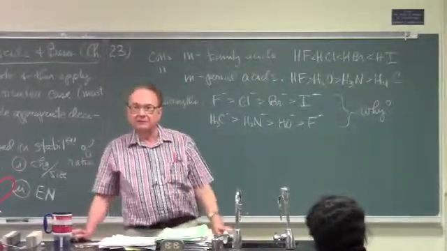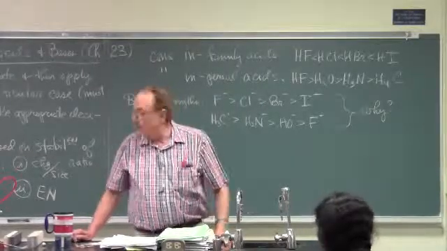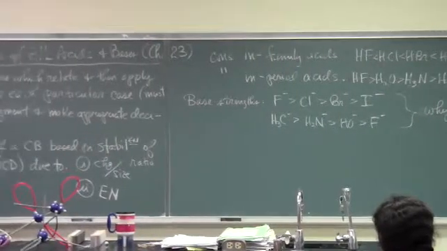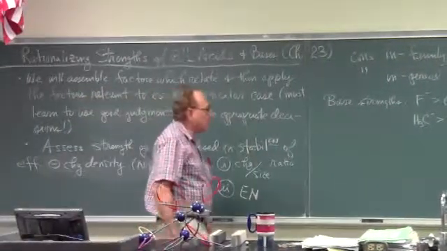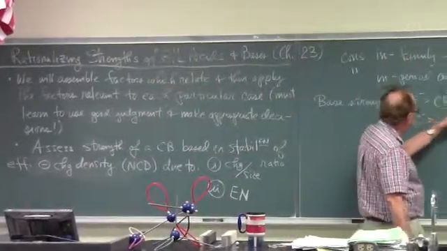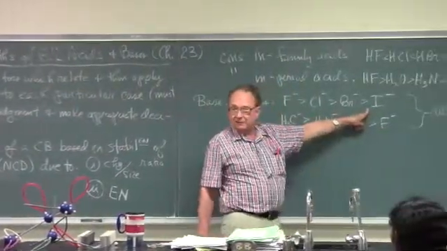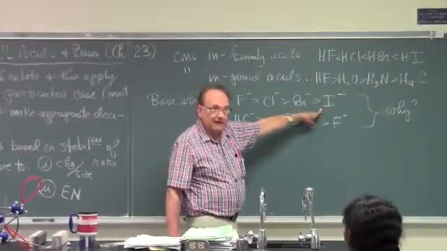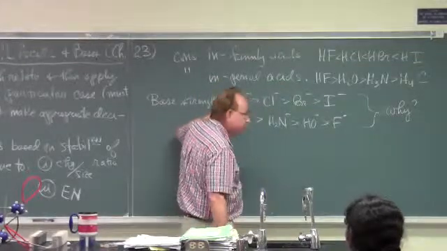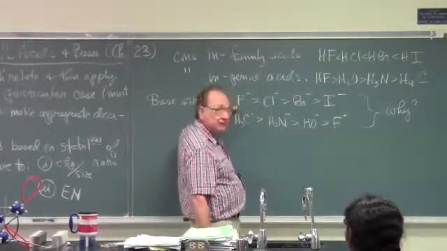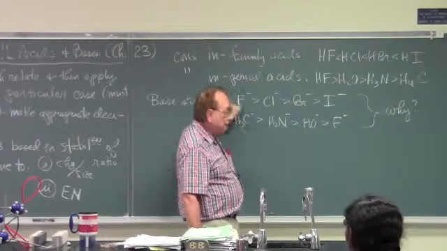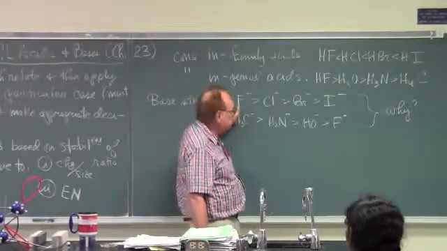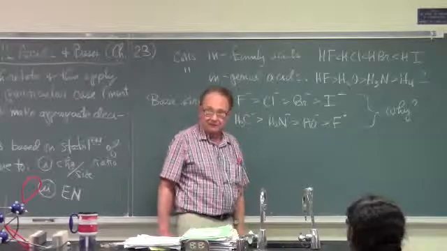Is that true? No. So we're talking here about making good decisions. If I want to rationalize this trend in base strengths as a consequence of atomic electronegativity, my argument falls flat. Because that argument would predict this is the weakest and most stable base, and that's not true, because we find this to be the most reactive of these 4. This is the strongest base of these 4. This has the greatest effective negative charge density of these 4. That's why HF is the weakest acid.